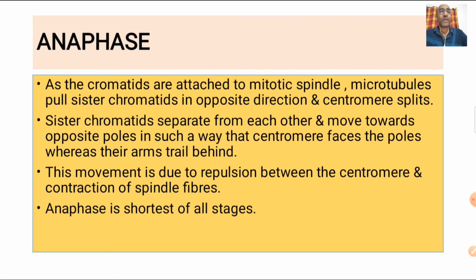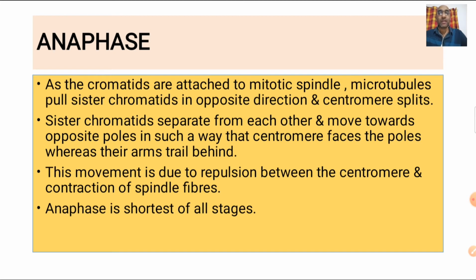Now the sister chromatids separate from each other. Obviously, as the centromere splits, the sister chromatids get separated from each other, and then they move towards opposite poles, in such a way that the centromere faces the poles, whereas their arms trail behind, directed towards the equator.